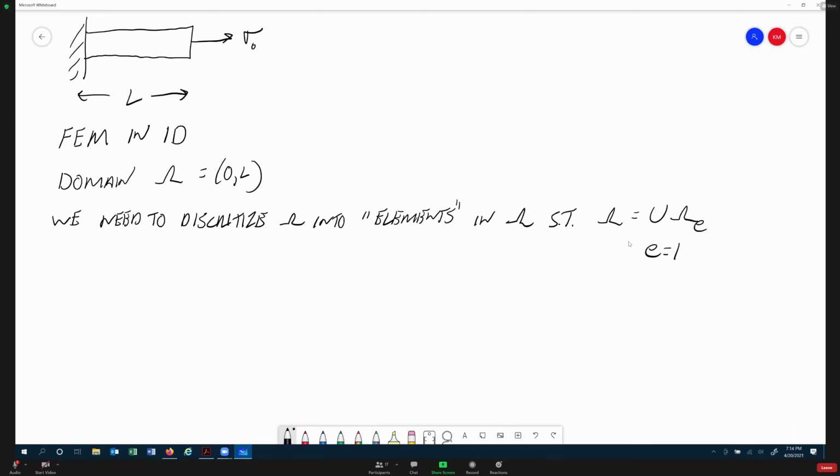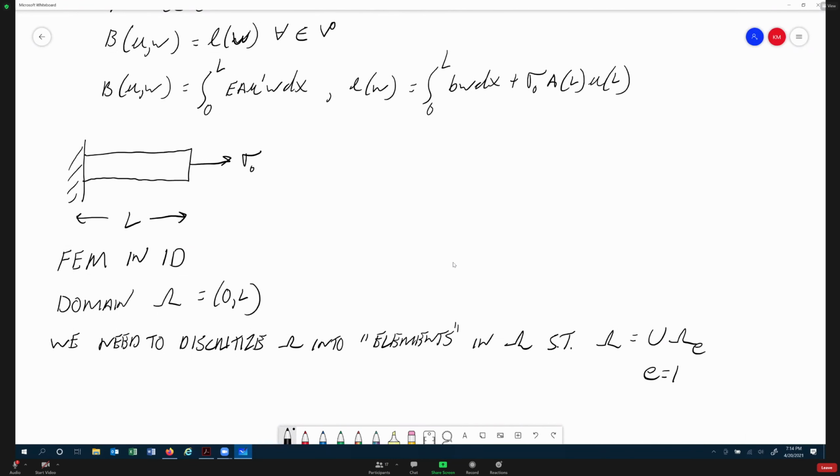We have this one-dimensional domain, and we need to split it up into bread slices. We're going to evaluate this in different elements, where these little guys are called elements, and we have to do that over the whole 0 to L.